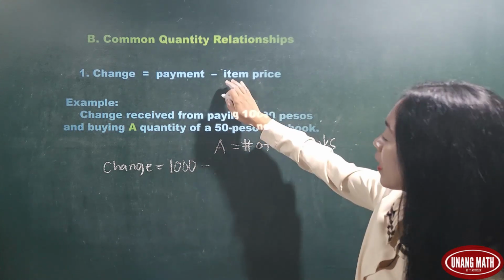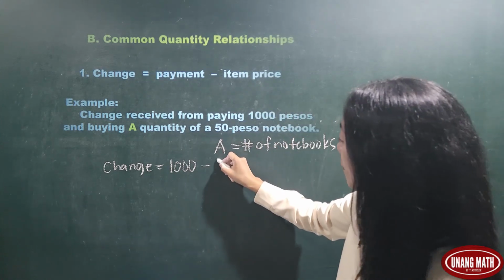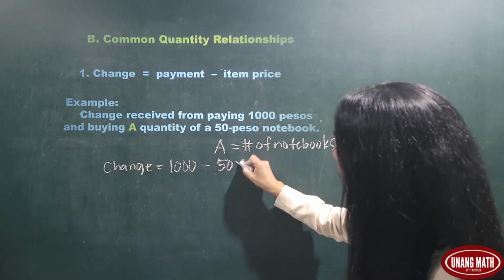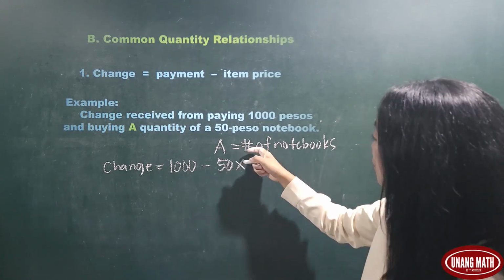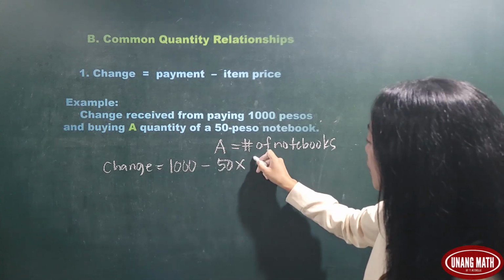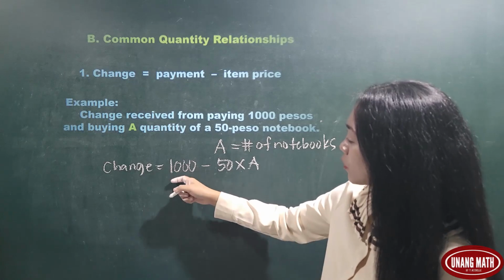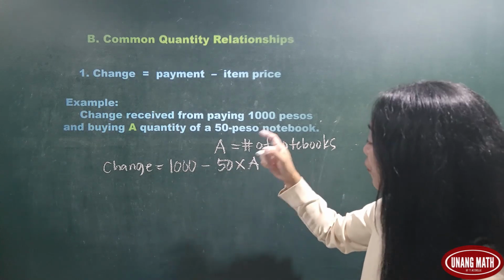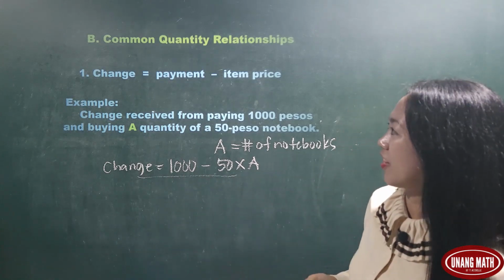So how will we represent the item price? One piece of notebook is 50 pesos. Multiply this by the number of notebooks we need to get, which is represented by variable a. So this is 50 times a. So change is equal to 1,000 pesos minus 50 times a. So this is our equation.